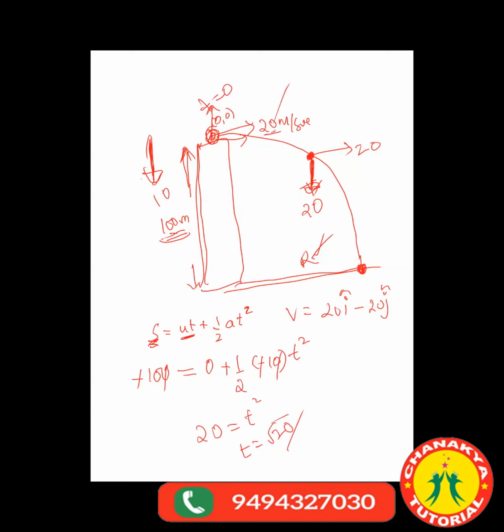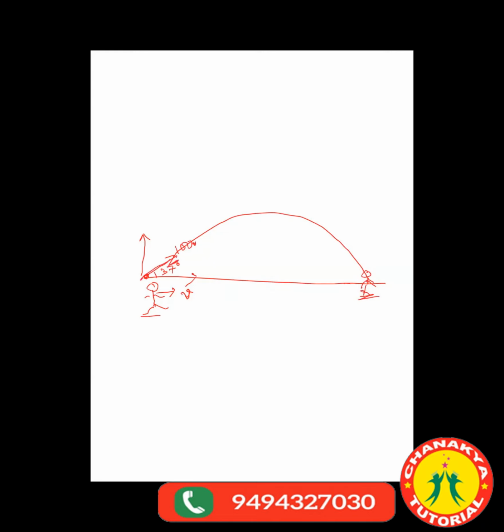Sir, could you repeat the question? My question is, let's say a cricketer hits a ball here with 37-degree angle with 100 meter per second. Now there is one fielder who is running with velocity v. What should be the minimum velocity v so that he catches the ball at the end?